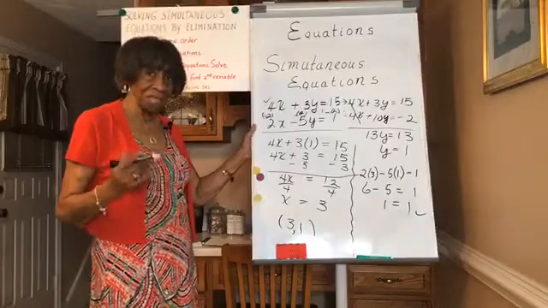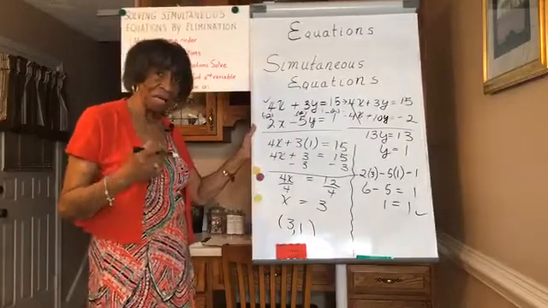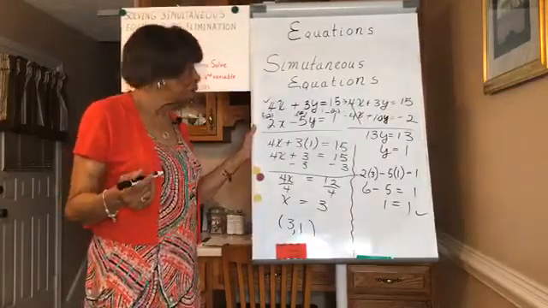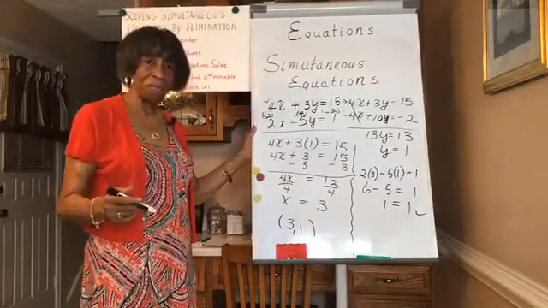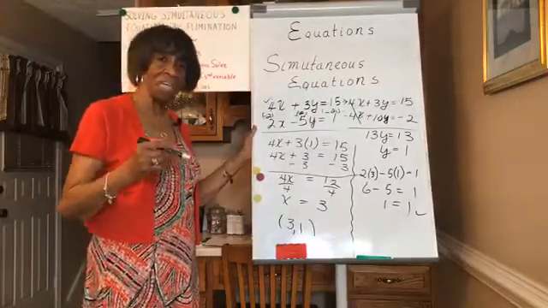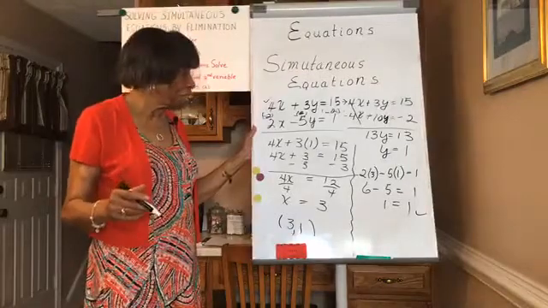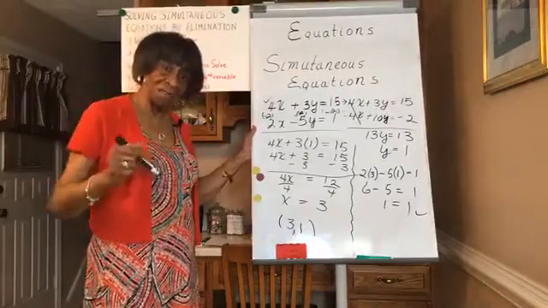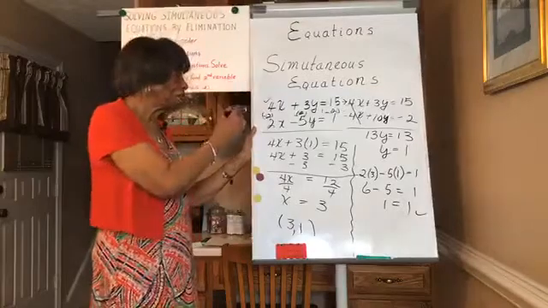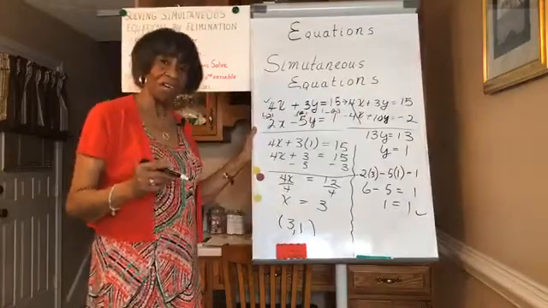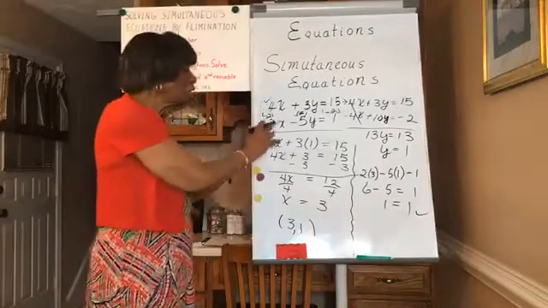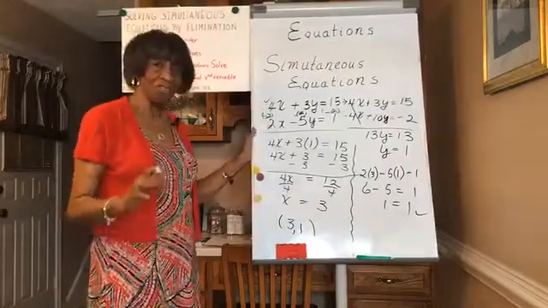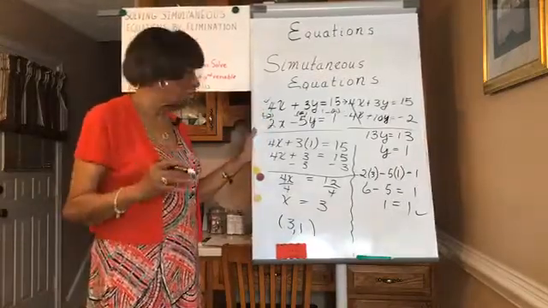And we really use the techniques that we already have for doing equations, with the exception that we have to eliminate a variable. Once we eliminate one, we can solve for the other. Then once we solve for that one, we can put it in the equation and find the value of the other variable. Because we have 2 equations, we must make sure that it works for both of them.